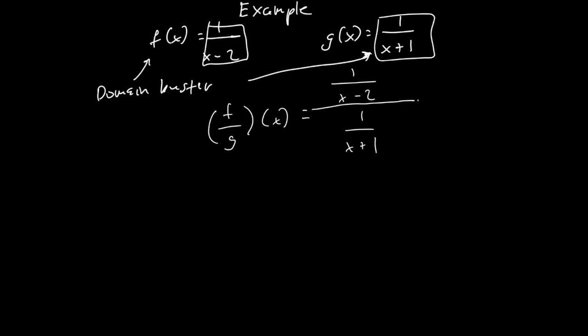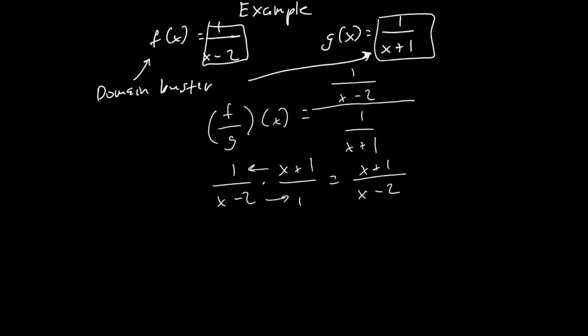And this may look scary again, but we can actually just multiply by the reciprocal because that's the same thing as division. So we have 1 over x minus 2 times x plus 1 over 1. And this is quite easy because we just multiply these two and it's times 1, so we just get x plus 1 over x minus 2.